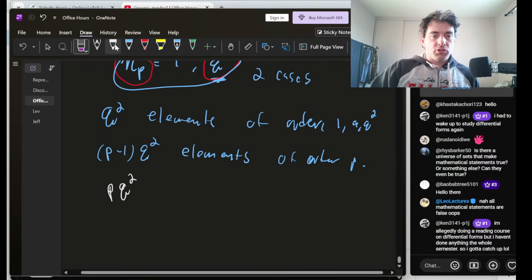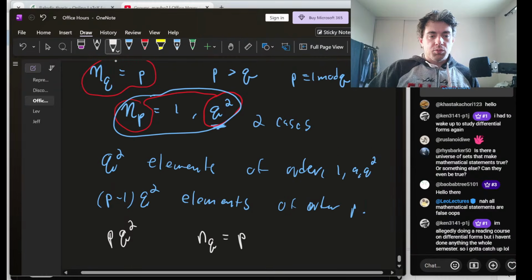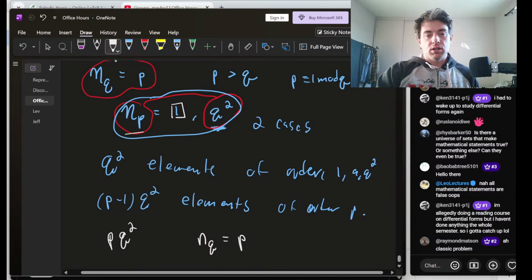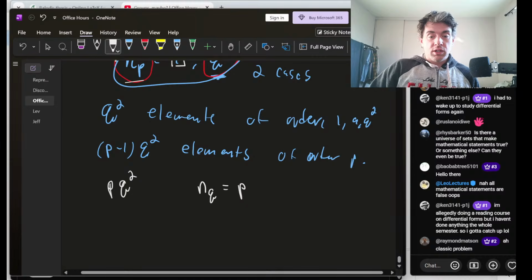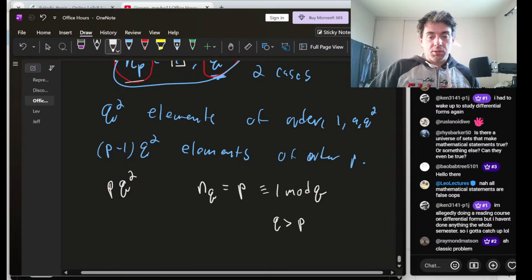And then the other possibility is, well, suppose that there's q Sylow subgroups, and we want to ask, well, how many p Sylow subgroups could there be? Could there be one? Well, again, if it's one, we can just apply a similar argument, normal subgroups, and we're done. There could technically be q, you would think, but remember, this has to be congruent to 1 mod p, and that would force p to be bigger than q.